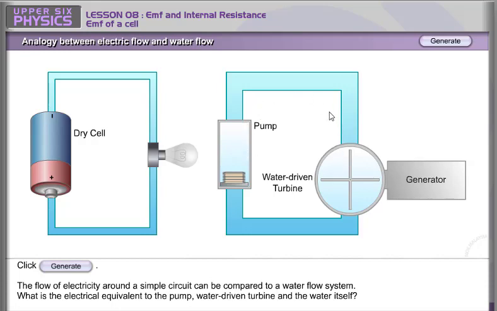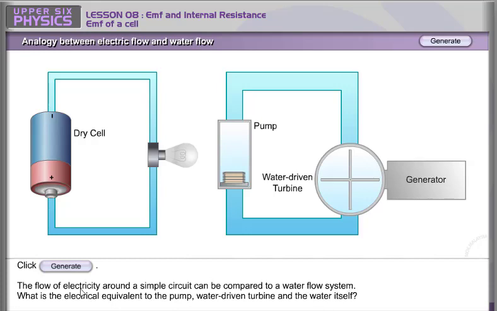Some people find it very difficult to understand the concept or the idea of how a DC circuit works. So maybe you can compare it to how water flows. All right, like this. So here they are comparing the flow of electricity around the circuit to a water flow system.